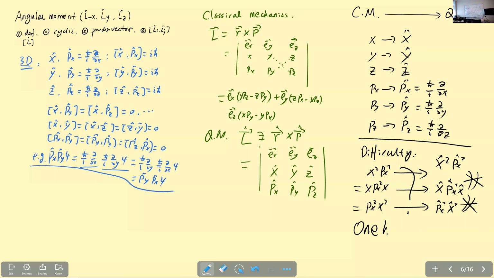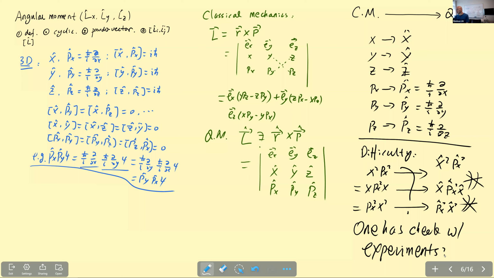And the answer is that one has to check with experiments. So you can do this kind of translation, but there is some arbitrariness in deciding the order in quantum mechanics, because different orders mean different things.